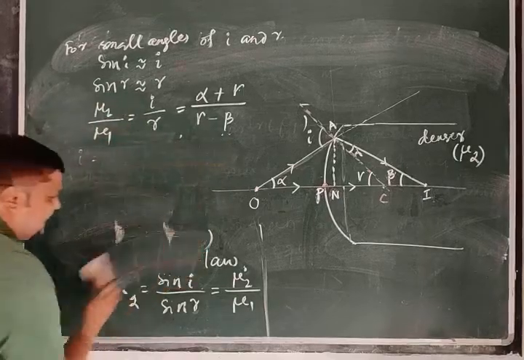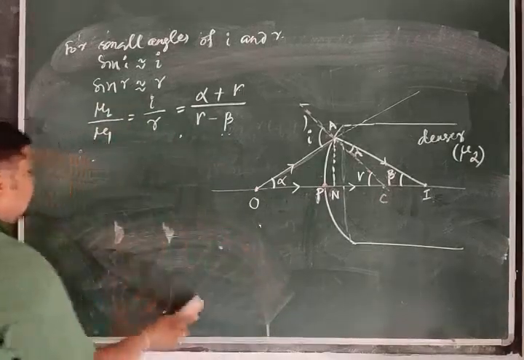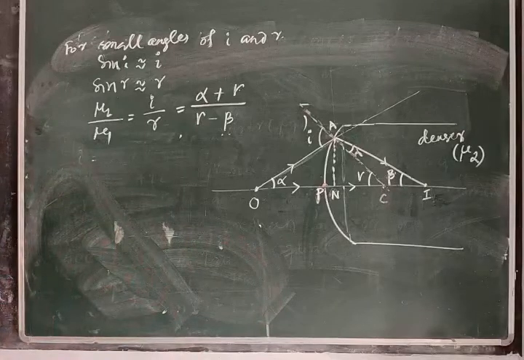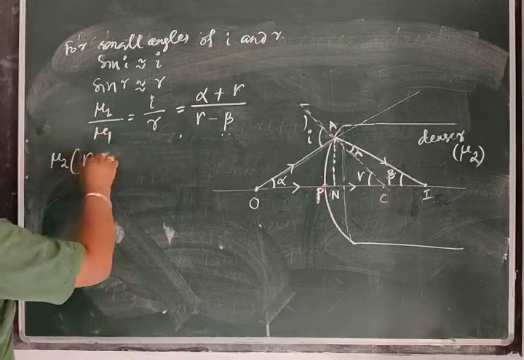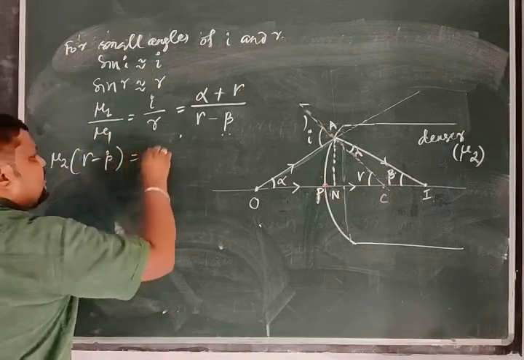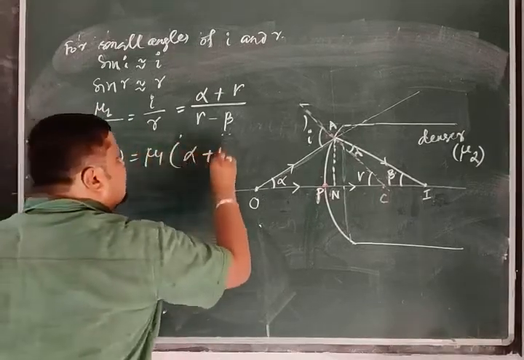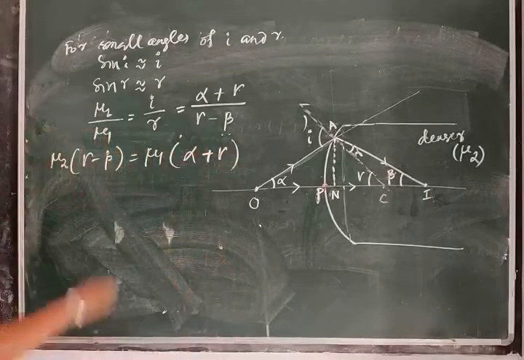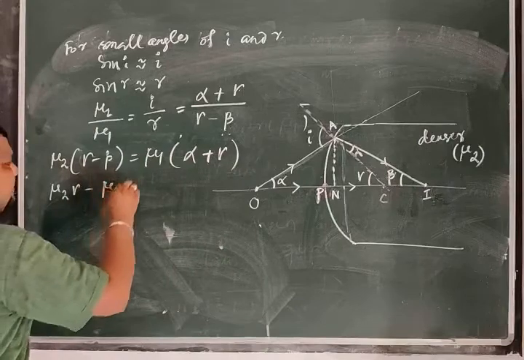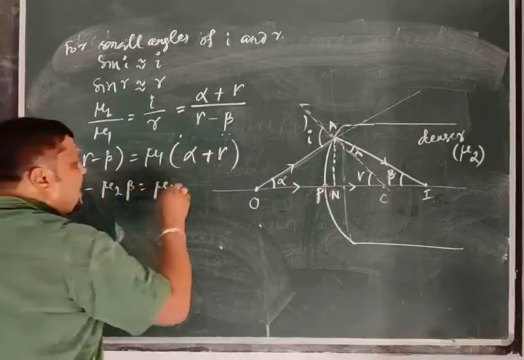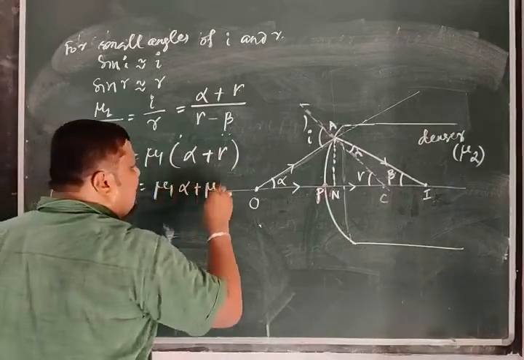Then I do the cross multiplication. When you do that, mu2 times (gamma minus beta) is equal to mu1 times (alpha plus gamma). That is, mu2 gamma minus mu2 beta is equal to mu1 alpha plus mu1 gamma.